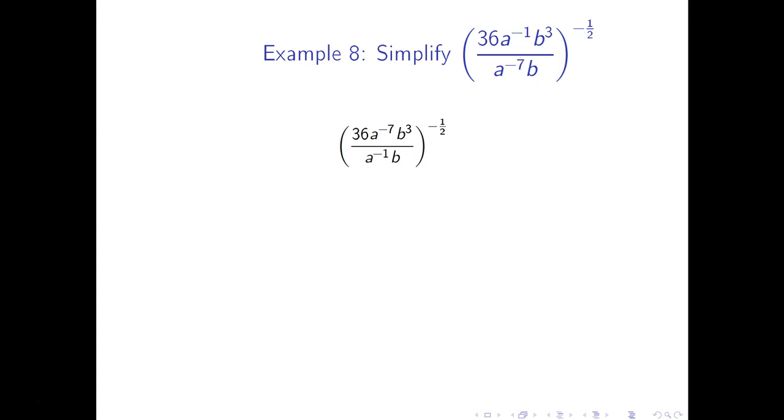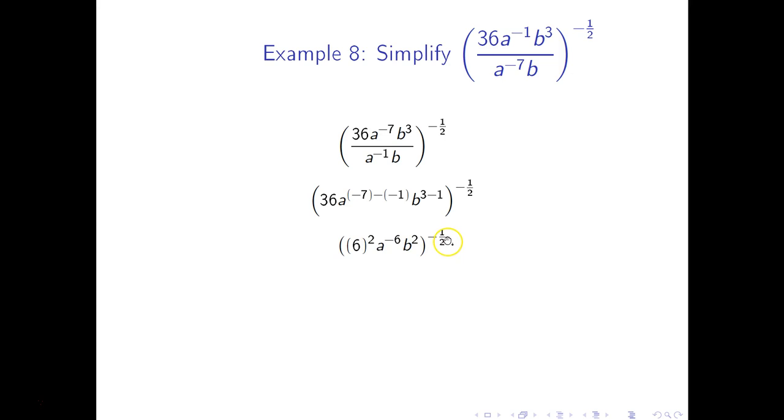The first thing I would do is I would simplify what's inside the parentheses. So notice if I divide, that means I'm going to subtract all these exponents. Well, that's going to be -7 plus 1, and this is 3 minus 1. Or in other words, a to the -6 and b squared. Now notice, I also took 36 and I wrote it as 6 squared. I did that because that's now going to help me.